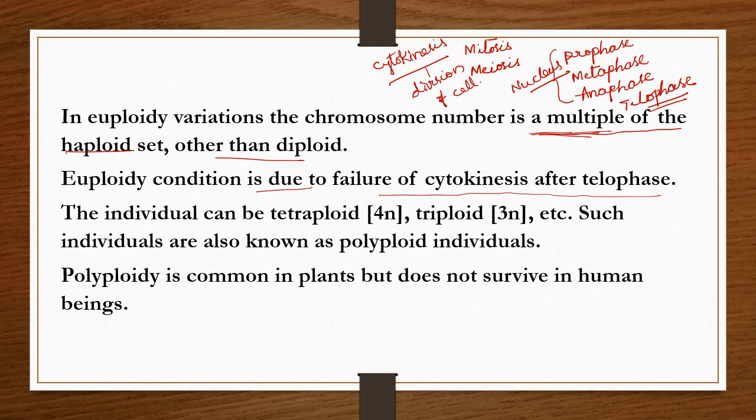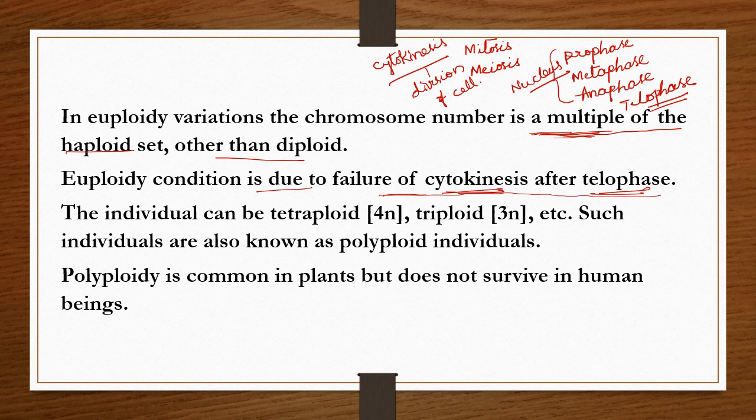So this euploidy condition is due to failure of cytokinesis after telophase, which leads to multiplication of the haploid sets.